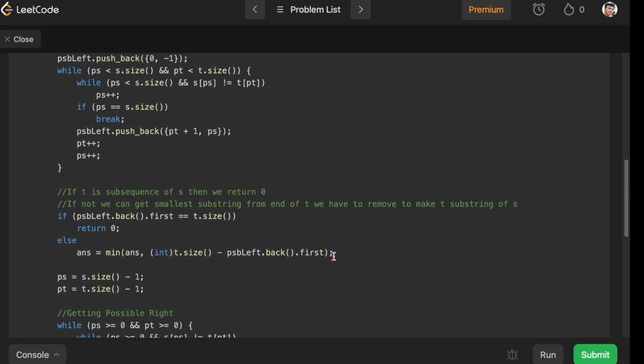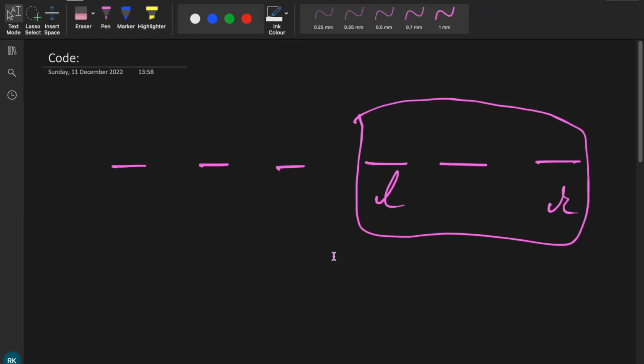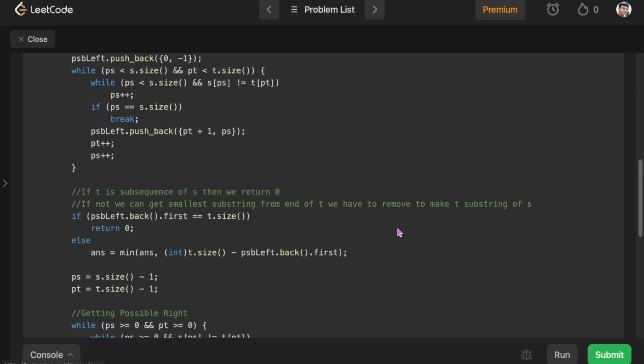This represents something which we talked about at the beginning of our video, that is we can get 3 types of answer, and one of the types was where r is the last index of t. So basically, when we delete an entire ending of the t string, we are taking the biggest L possible and r is the last index of the t string. So this is basically the same.